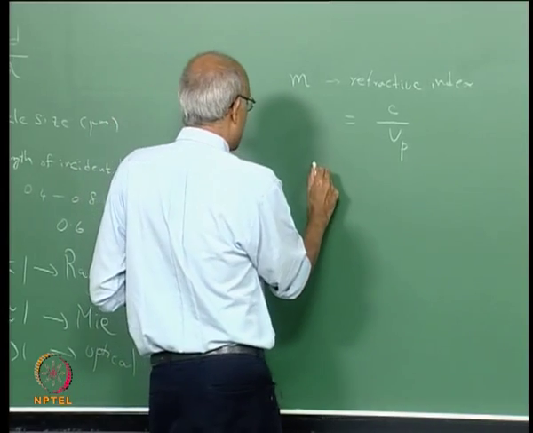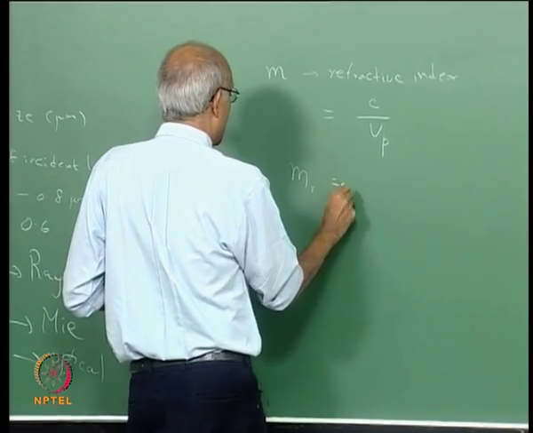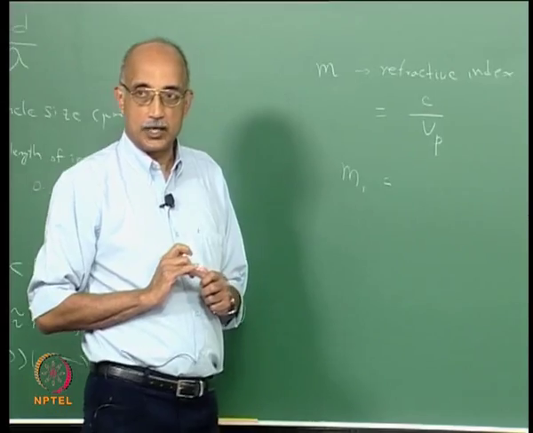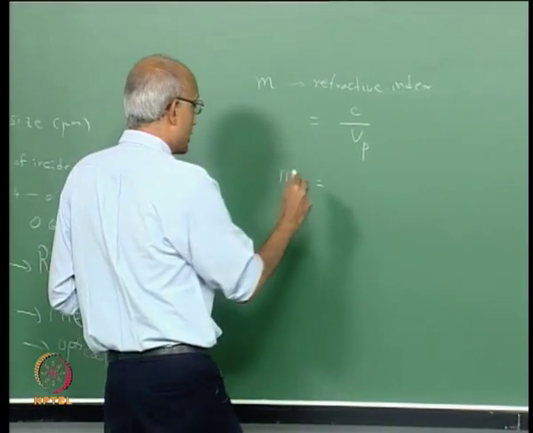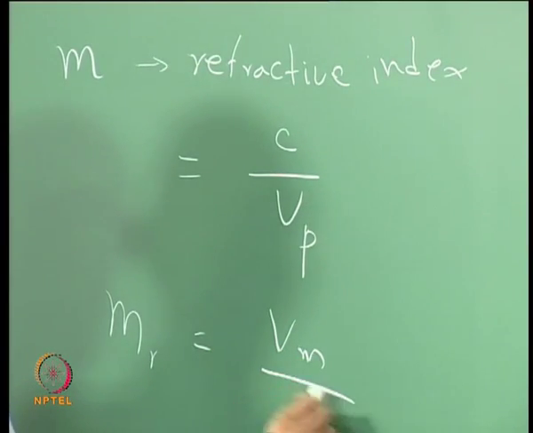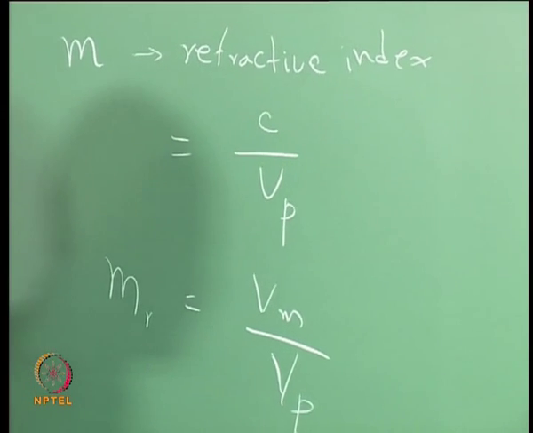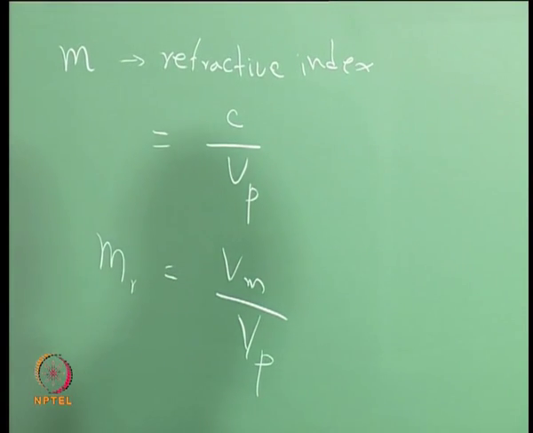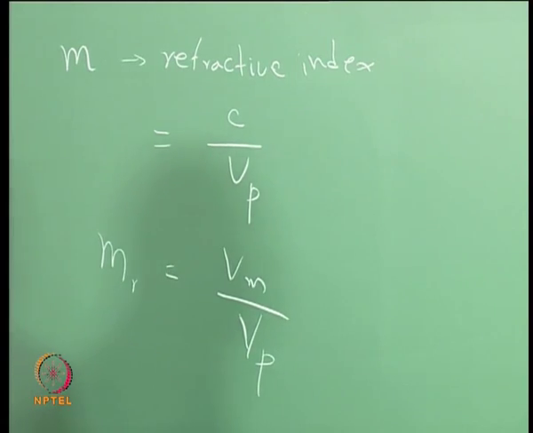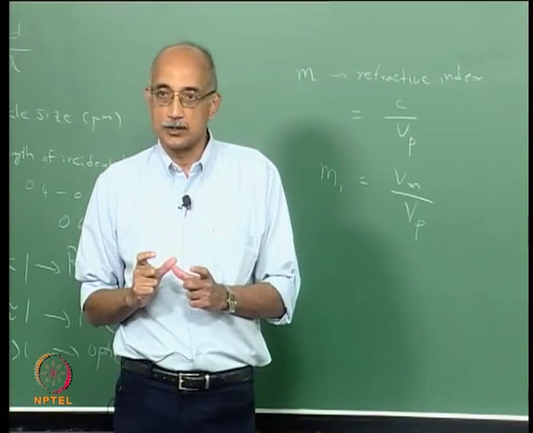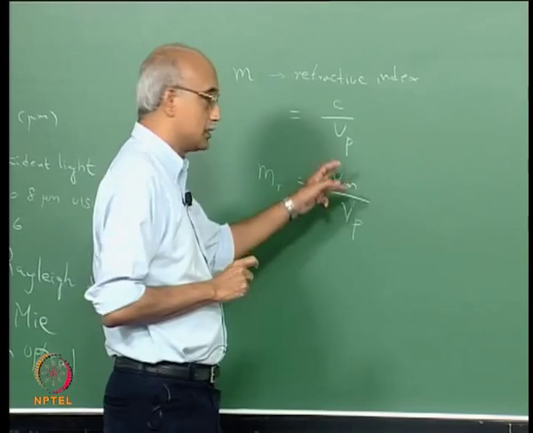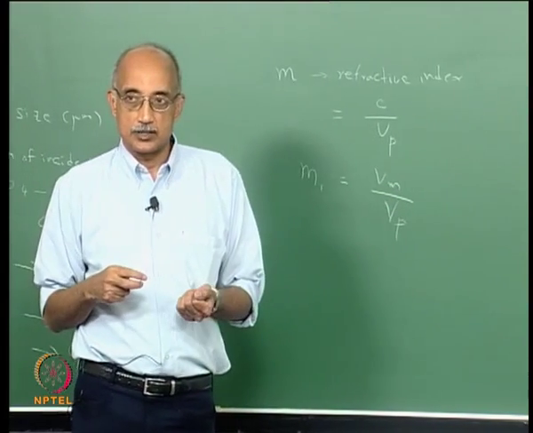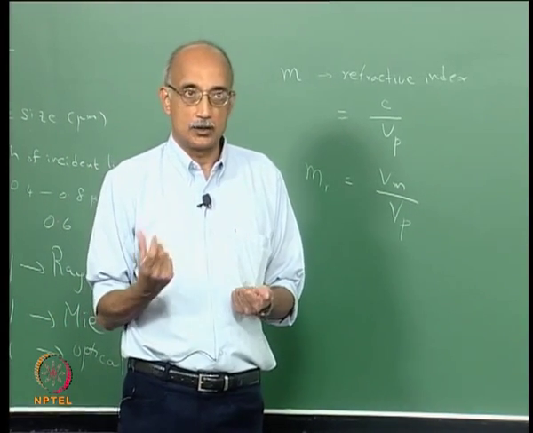In that case, we talk about a relative refractive index MR, which can be defined as Vm over Vp, where Vm is the velocity of light transmission through the medium in which the particle is suspended, and Vp still remains the velocity of light transmission through the material that the particle is made of.